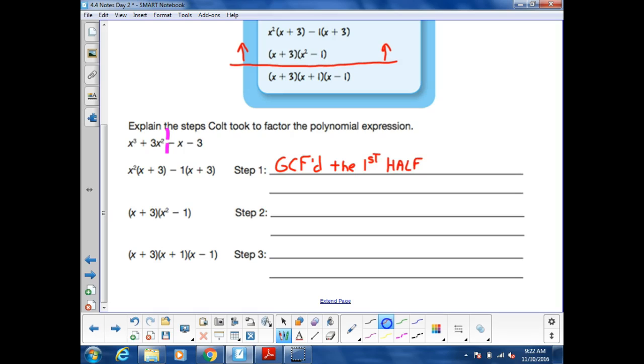Okay? So he GCF'd the first half. So that was this part right here. He took out an x squared, and he's left with x plus 3. Okay? What else did he do in that first step?